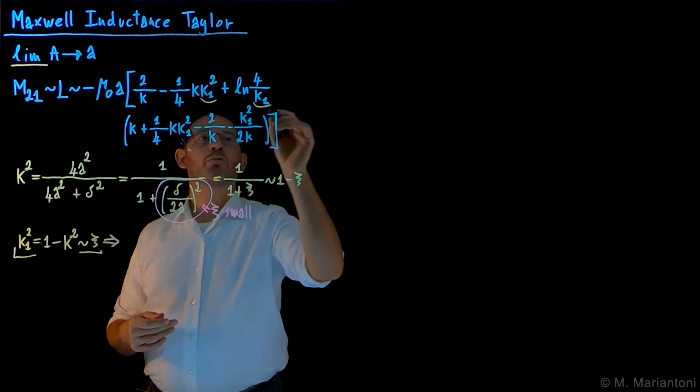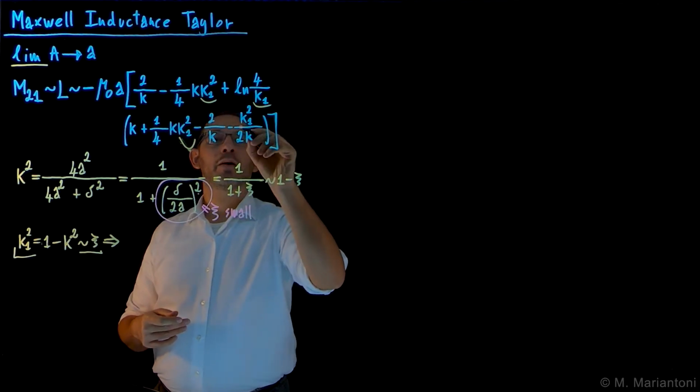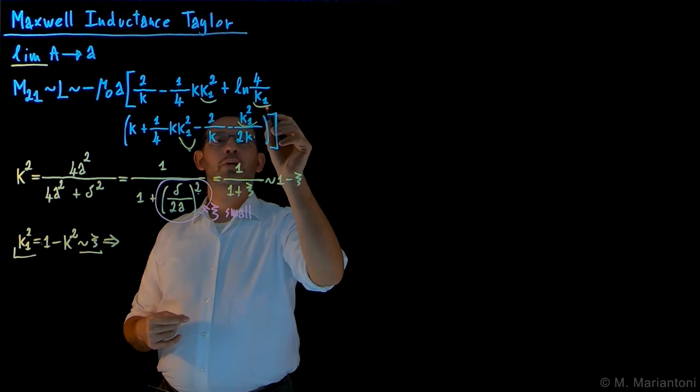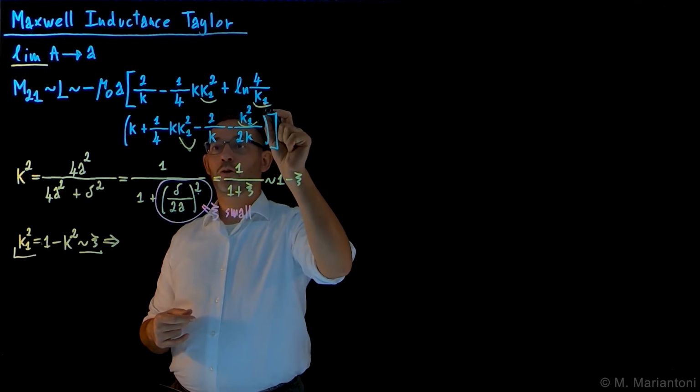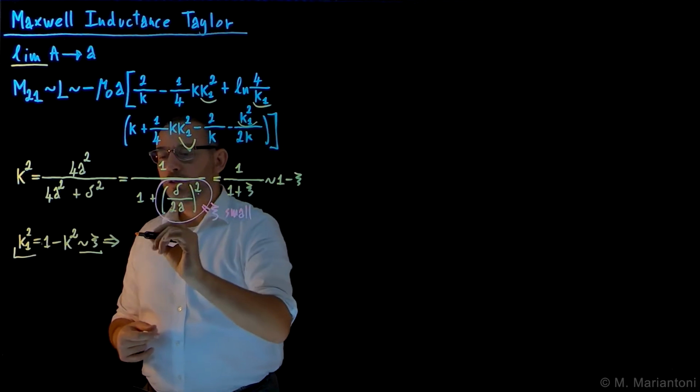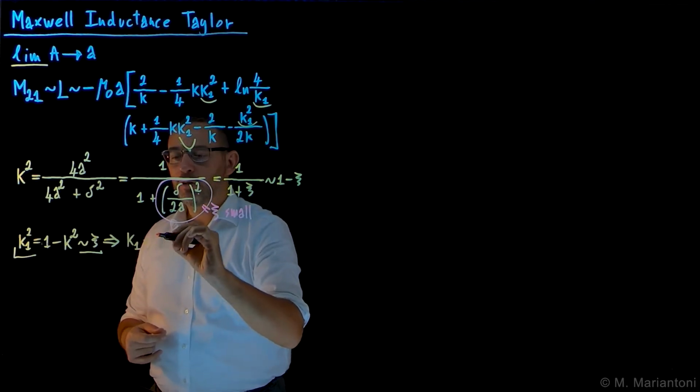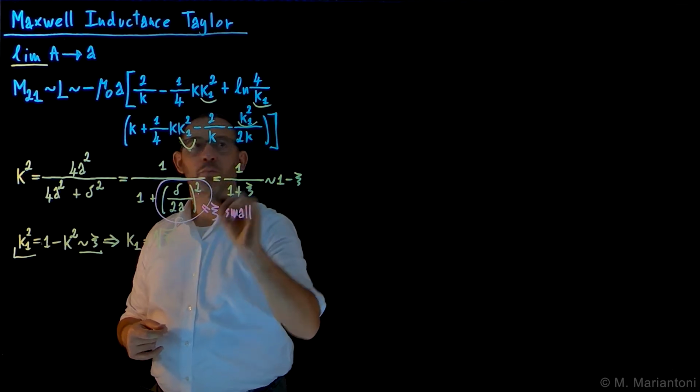K1 squared. So k1 squared we have it, k1 squared we have it, k1 squared we have it. Now we need k1, okay? We need it in the argument of the logarithm. That's the only place where actually we need it. So k1 is nothing but the square root of k1 squared. So it's the square root of psi. And we are going to need it here.